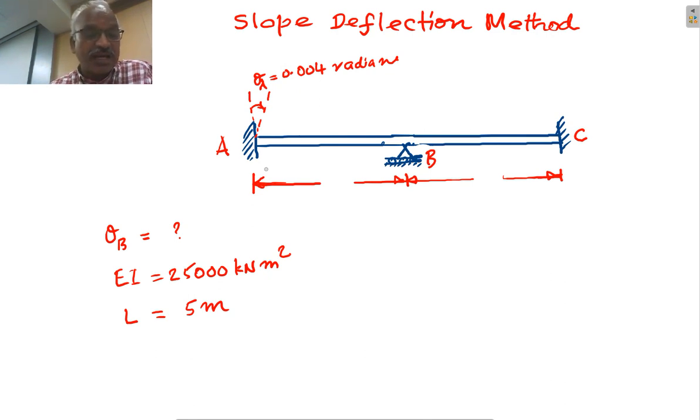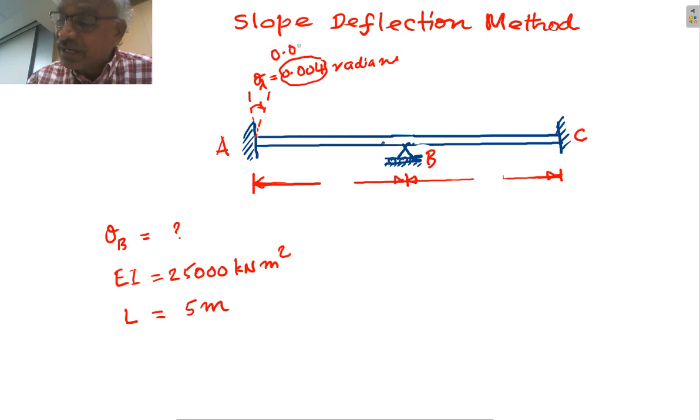Now I don't want to do the same problem. I will make some minor changes. I will change two data, that's all. In the place of 0.004, I will make it 0.006, because I don't want to repeat the same problem.